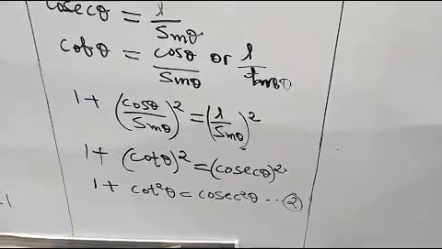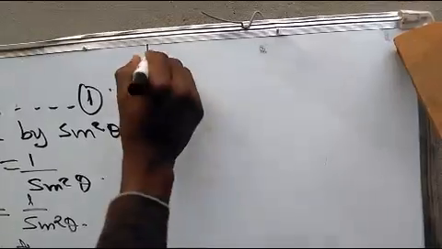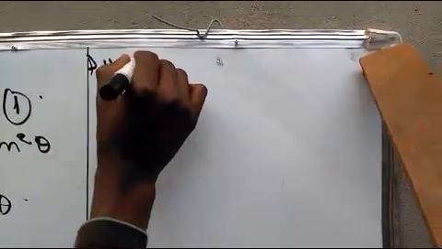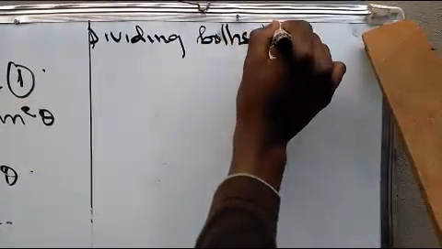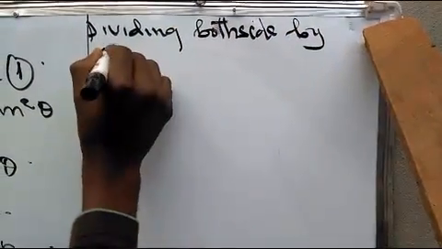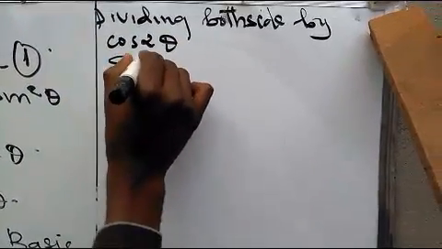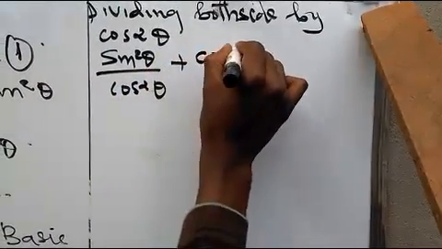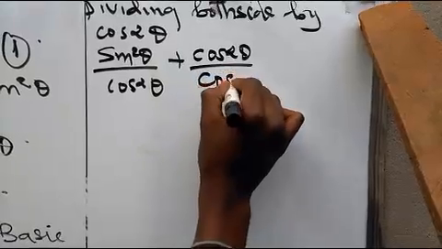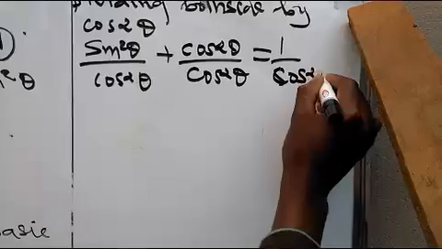Now we move to the next trigonometric identity. We are simply going to have, by dividing both sides by cos squared theta, sin squared theta divided by cos squared theta plus cos squared theta divided by cos squared theta equals to 1 divided by cos squared theta.